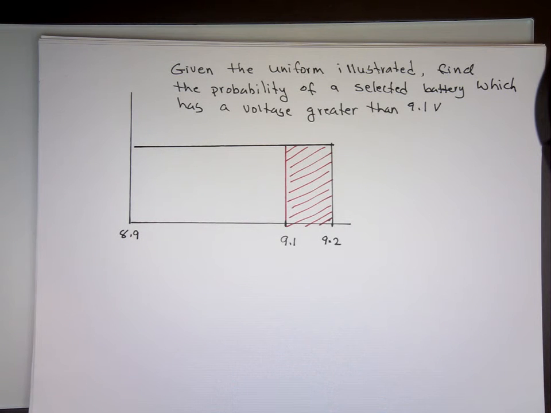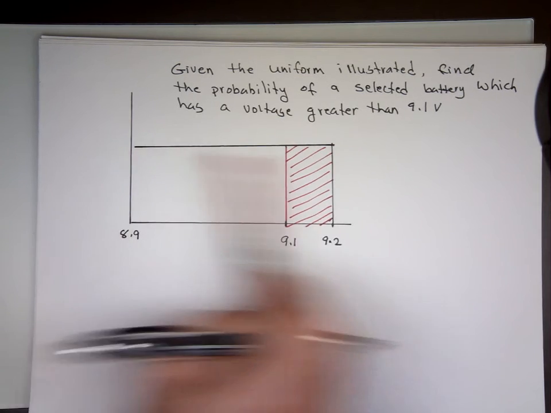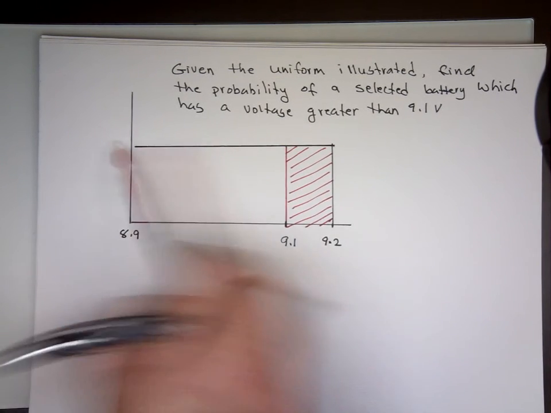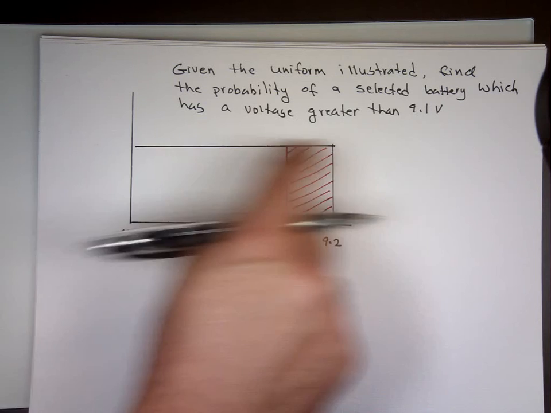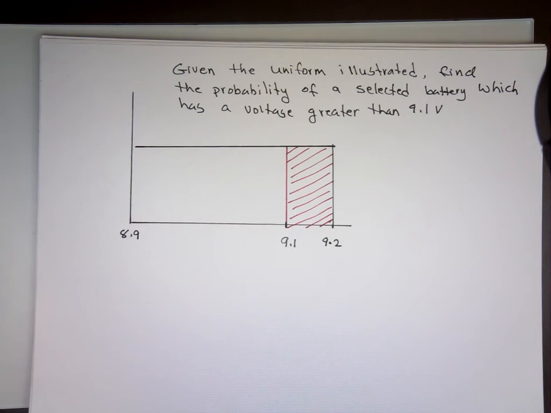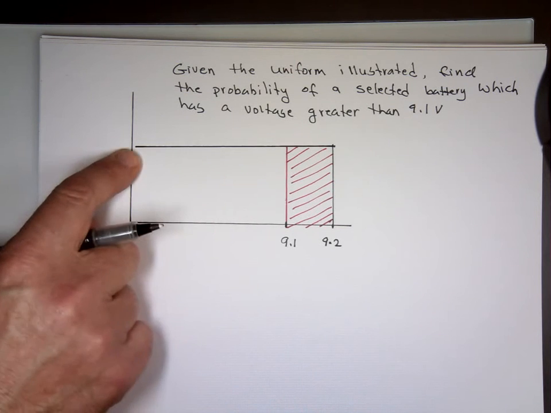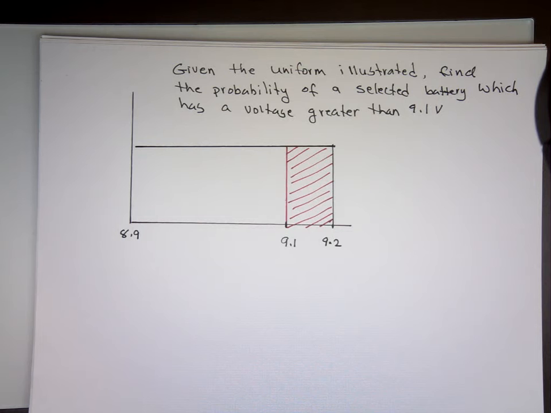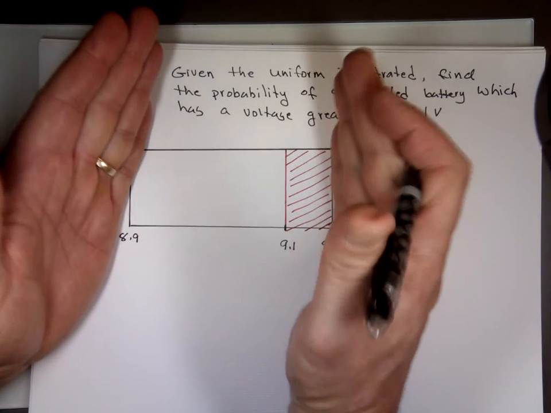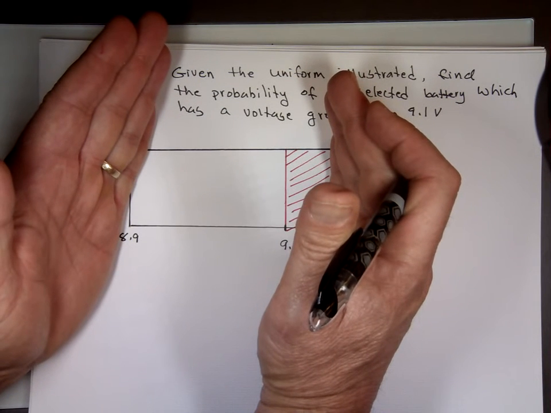Well, if I know the height of this line, I can tell you what the area there is. Well, how high should this line be? What should the height here be? Since the whole thing is supposed to be 1, the entire area should be 1.